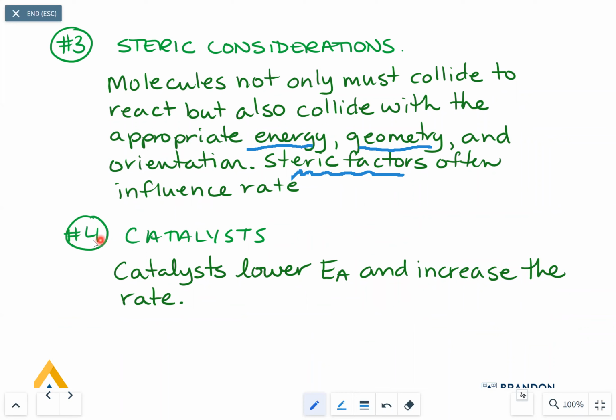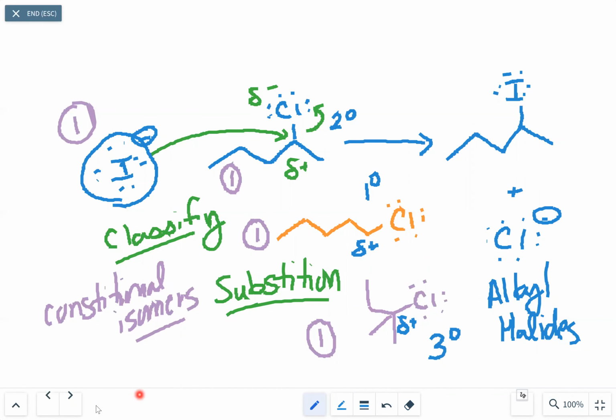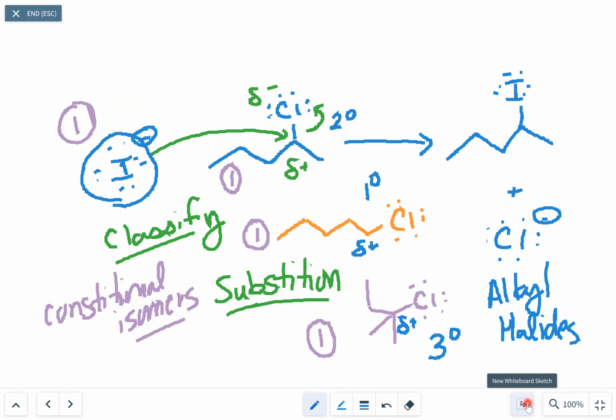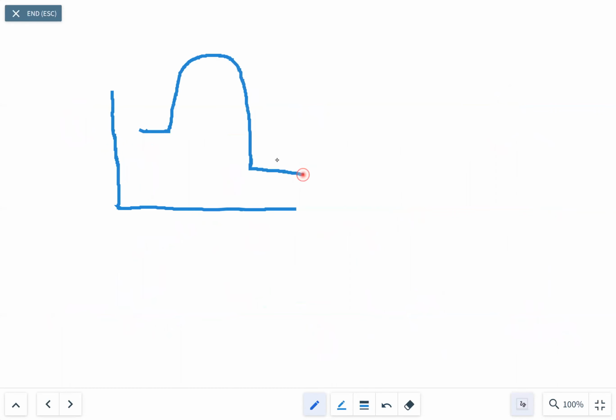The 4th factor is basically a catalyst. And so what a catalyst does, let's go here. So this is free energy. This is the reaction coordinate, starting materials, products.